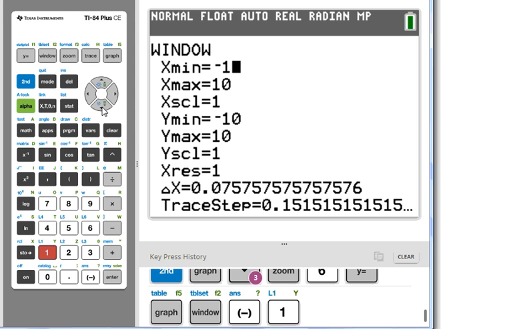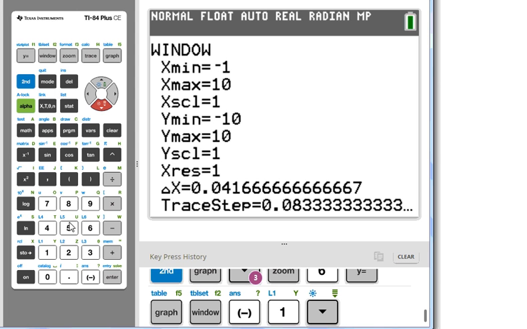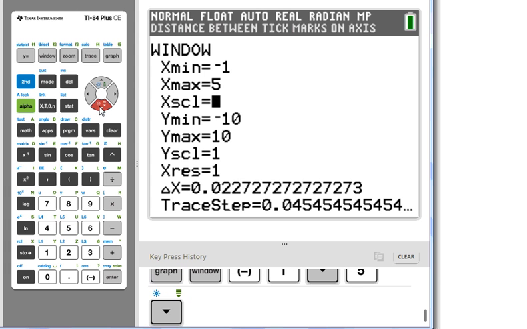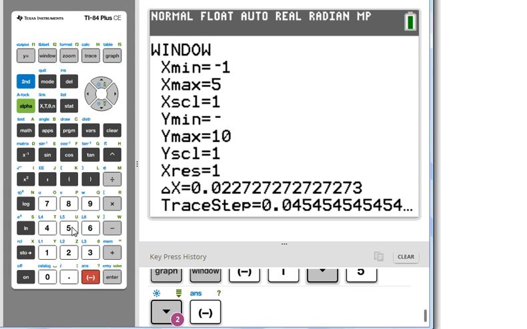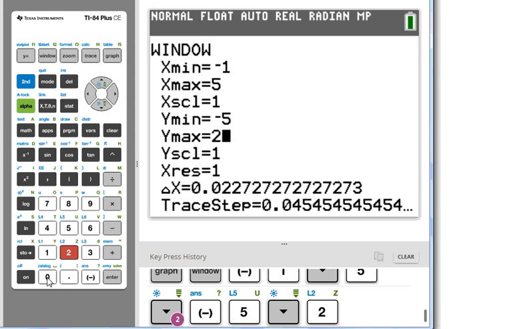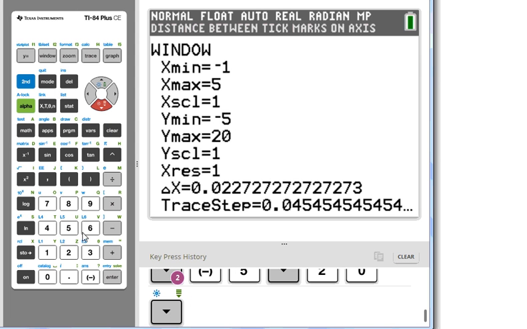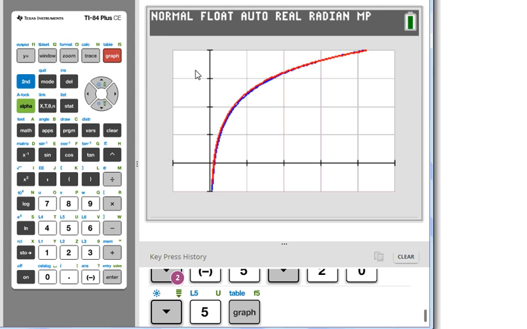So x minimum -1, x maximum 5, y minimum -5, and y maximum 20, and a y scale of 5. We graph, and we see the graphs of the two functions together, but it's hard to distinguish an intersection point.